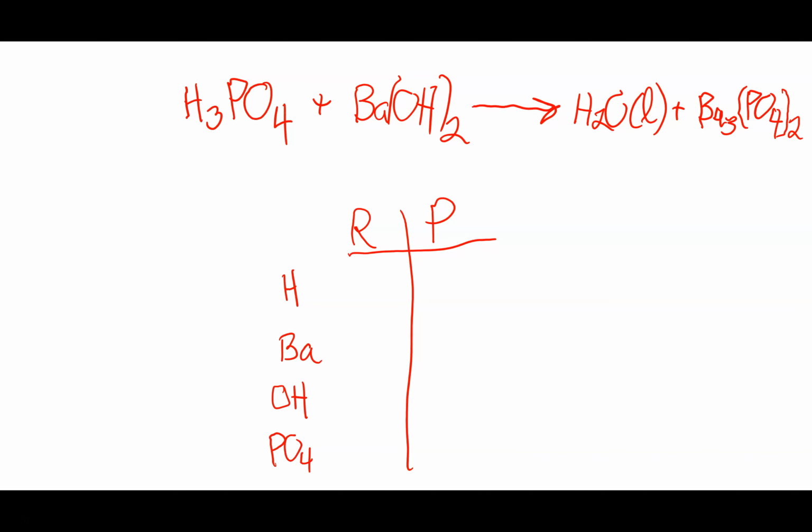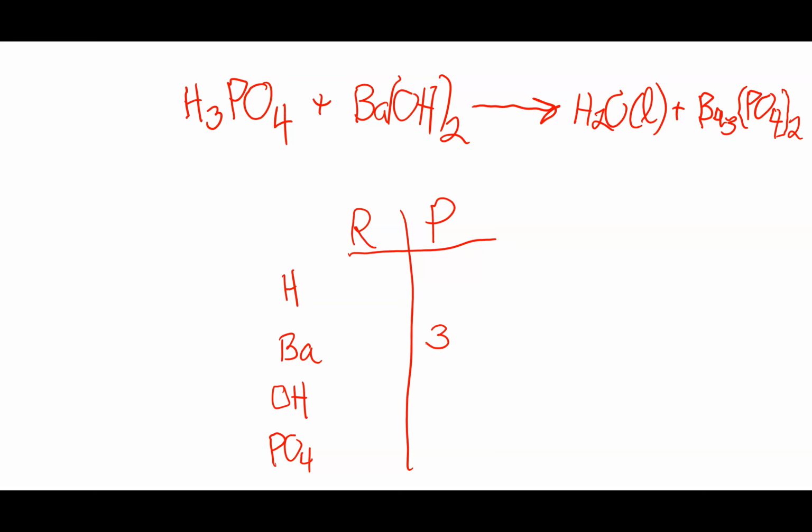So we've got hydrogen, barium, oxygen, or hydroxide, and phosphate. So what we can do is pick any of these to start with. I'm going to start with barium, and the reason is that I can see already on the right hand side I need 3 bariums for my products.